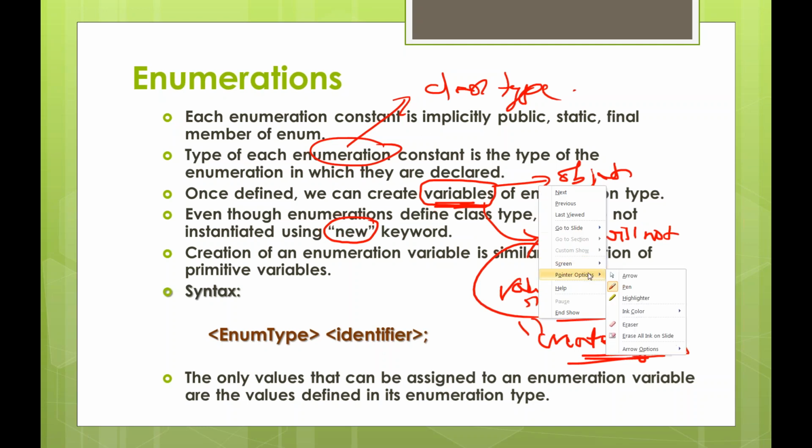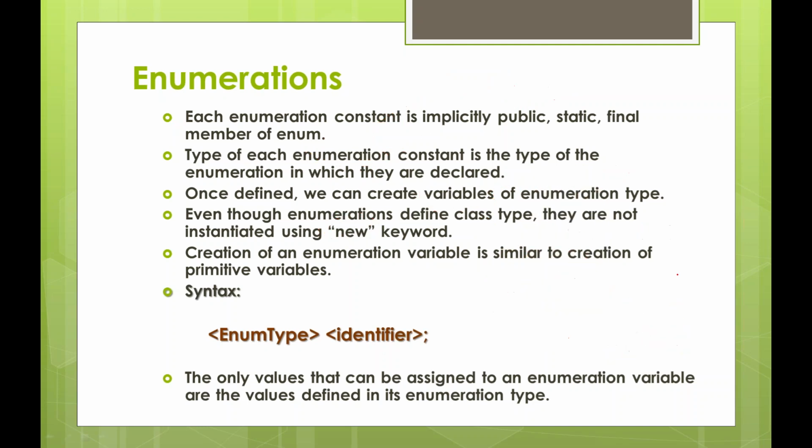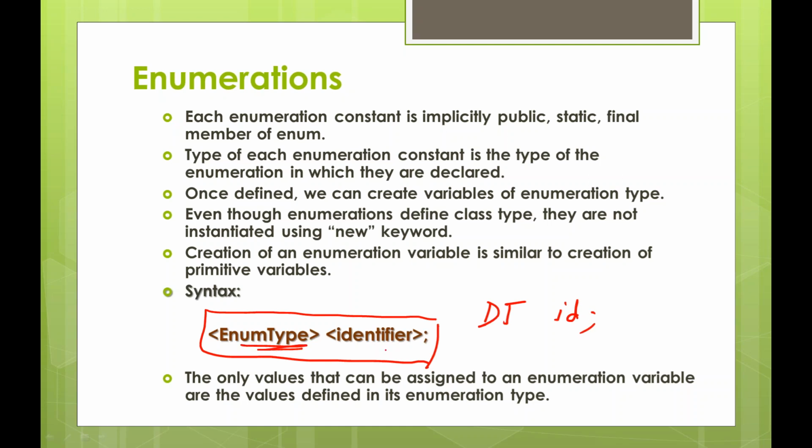They are not object references. They are just variables. And how do we create a variable? As we know, with respect to our primitive data types, just data type and identifier. This is the enumeration data type, and this is your identifier.